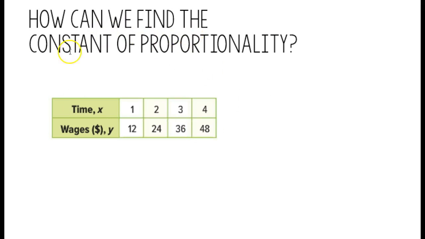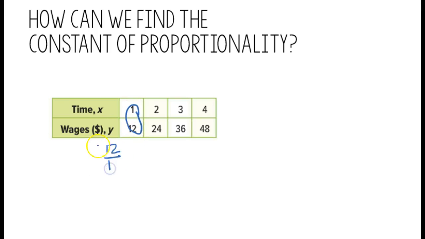So how can we find the constant of proportionality? Right here, we have a table. And what I told you, direct variation means that the data is proportional. How do we find out if data is proportional? We check and make sure that all the unit rates are the same. So if we look right here, we have $12 to 1 hour.